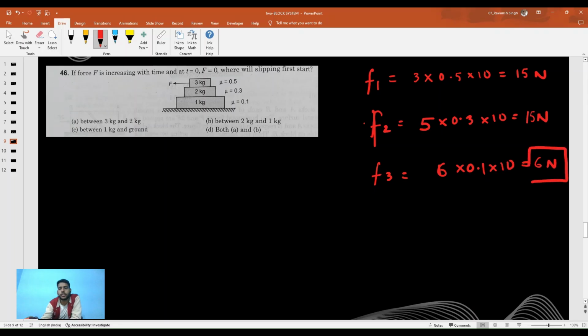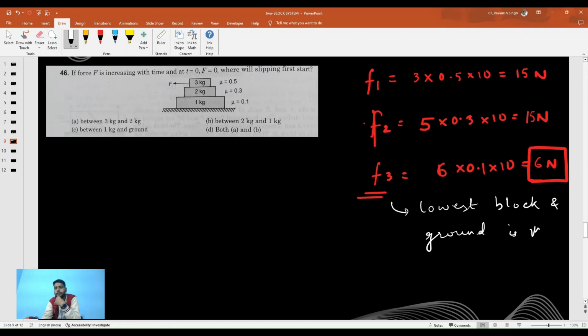Okay. Can we say that the limiting frictional force between the lowest block and the ground is minimum? Can we say that upon looking at this example?